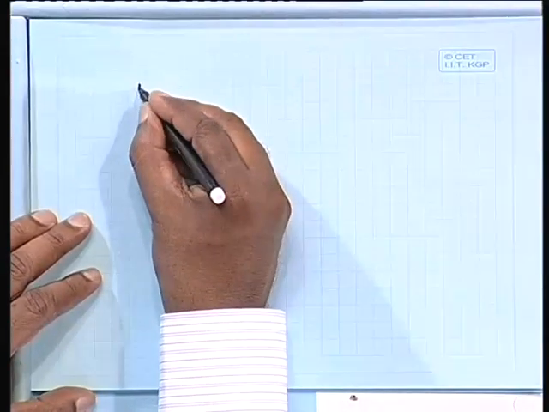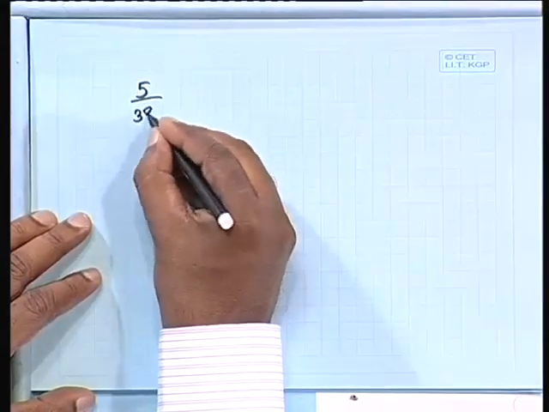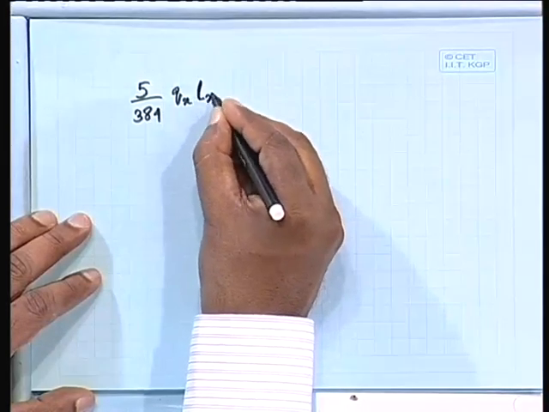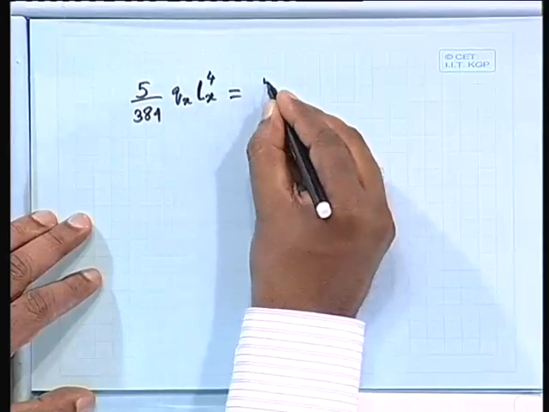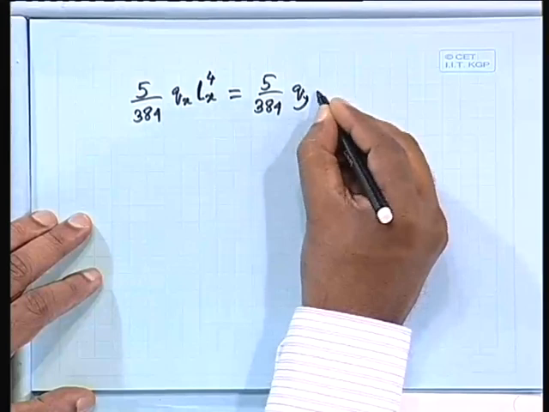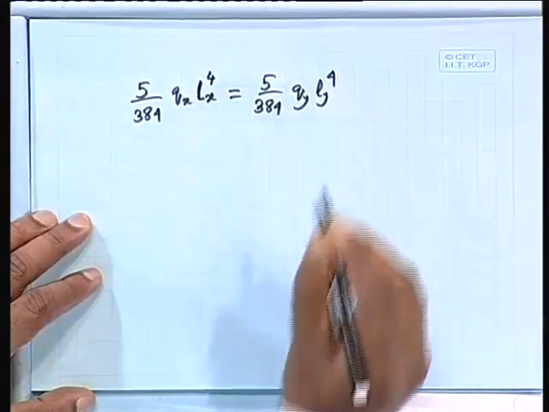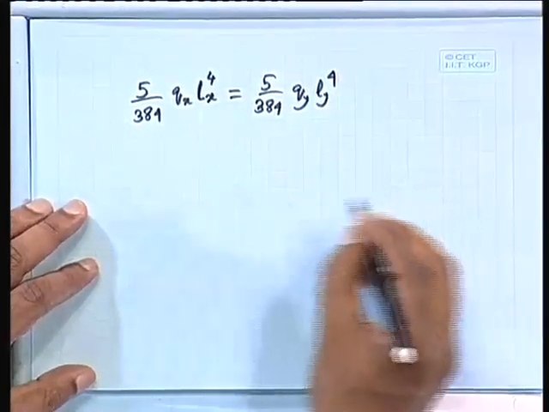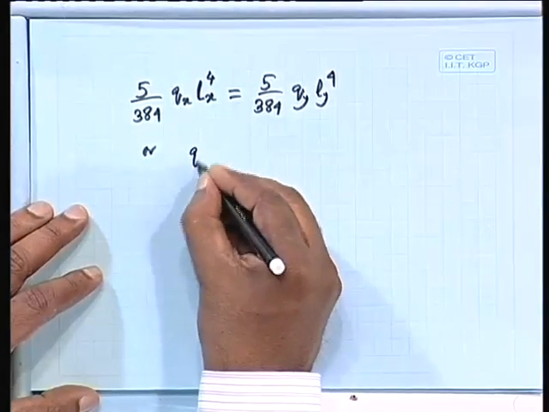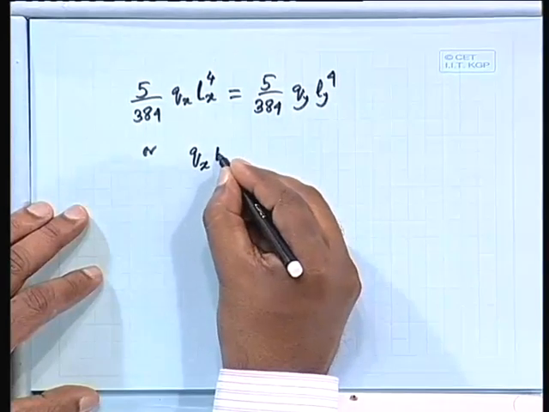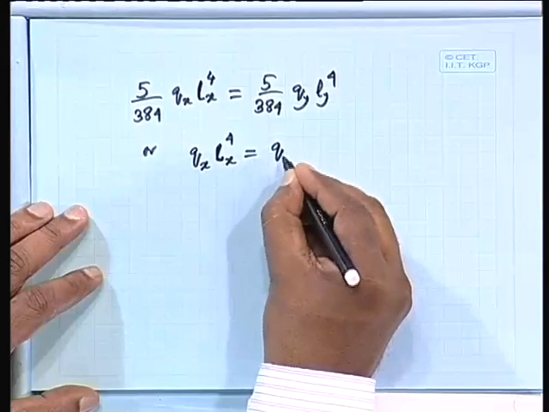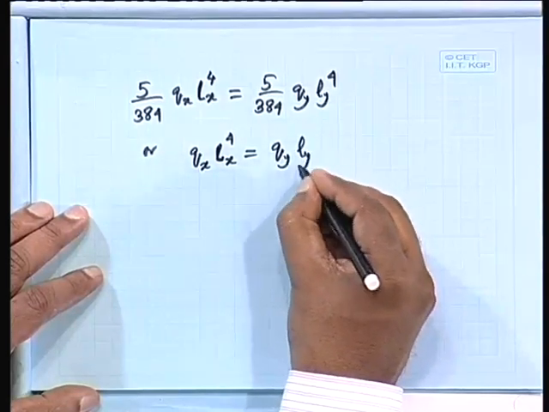So, we can write down 5 by 384 Qx Lx to the power 4 equal to 5 by 384 Qy Ly to the power 4, or Qx Lx to the power 4 equal to Qy Ly to the power 4.